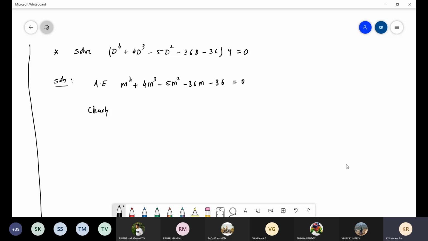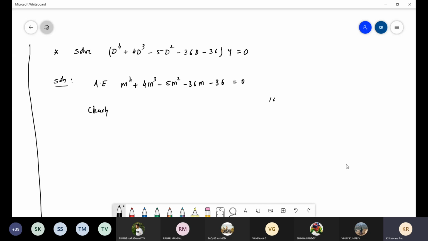Use your calculator or anything. Calculator is allowed, no? I will tell you, to calculate the roots you can also use a calculator, but it is not much useful. Why, I will tell you. What about m equal to minus 2? Minus 2 gives 16 now because power 4, 16.